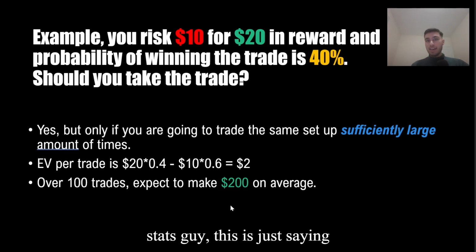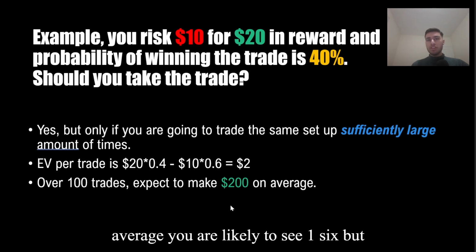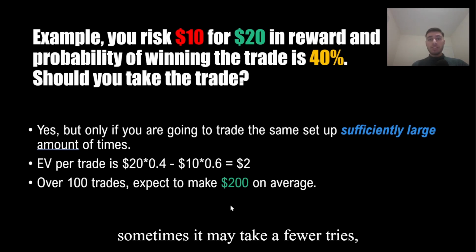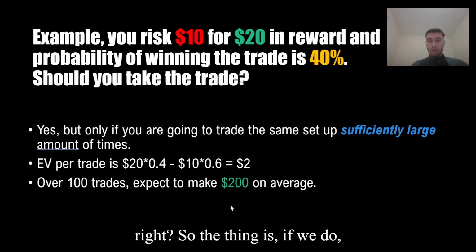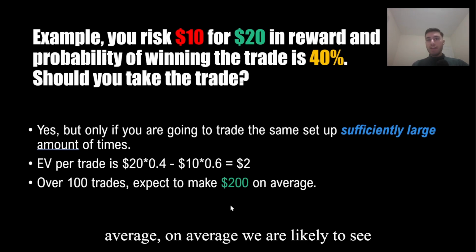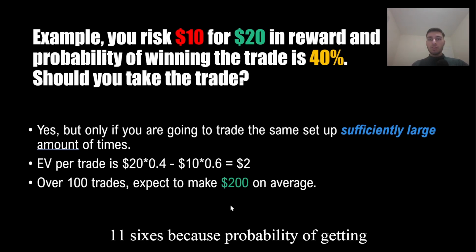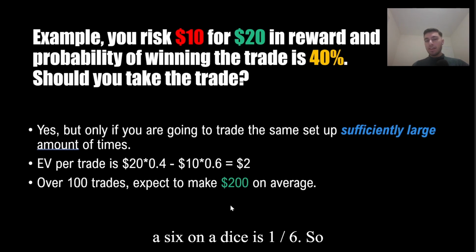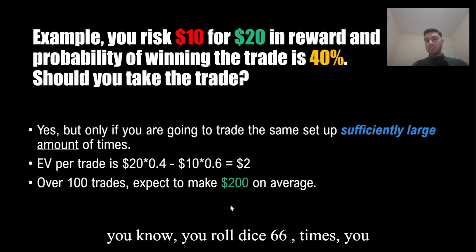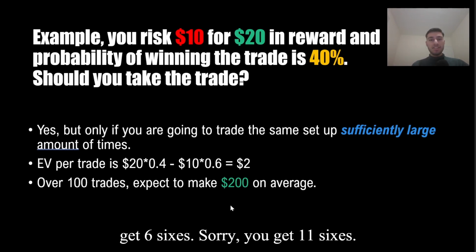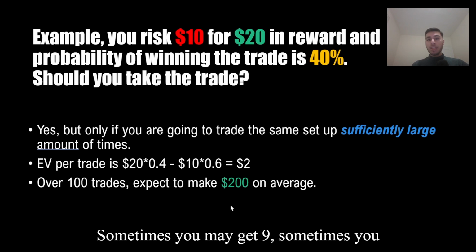If you're not a stats guy, this is just saying that if you were to roll a dice 6 times, on average, you are likely to see one 6, but sometimes it may take 7 tries, sometimes fewer. So if we roll a dice a large multiple of 6, let's say 66 times, then on average, we are likely to see 11 sixes, because the probability of getting a 6 on a dice is 1 over 6. Sometimes you may get 9, sometimes you may get 12 or 13.